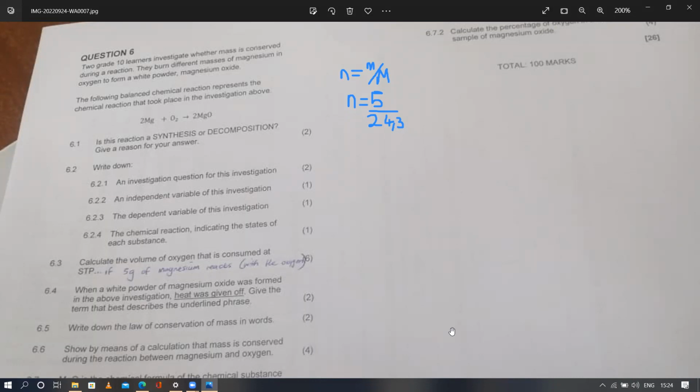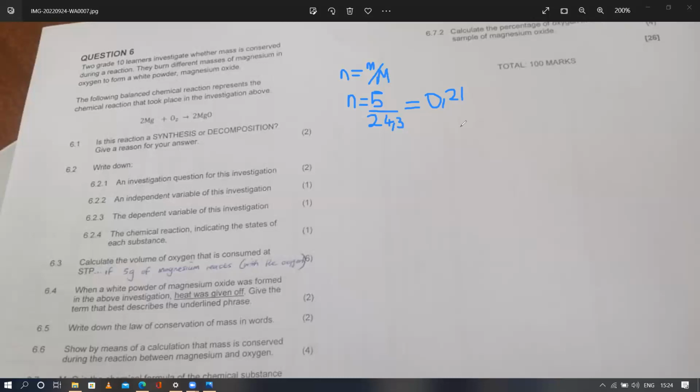In your case, they're a bit more lenient when it comes to the significant figures, so you can just say 0.21 instead of saying 0.215, however far it goes.